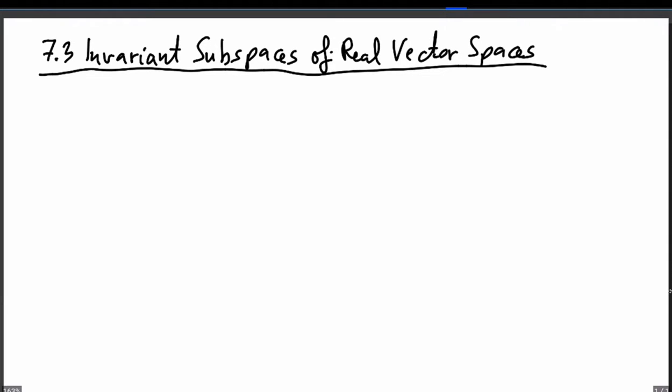We continue with section 7.3, invariant subspaces of real vector spaces.